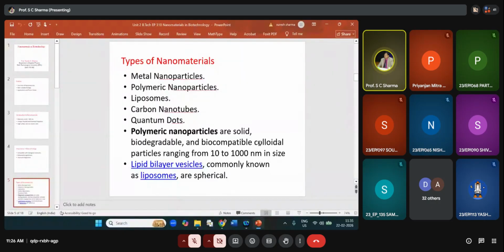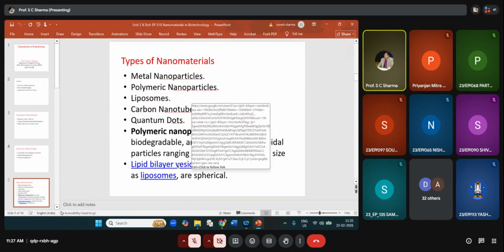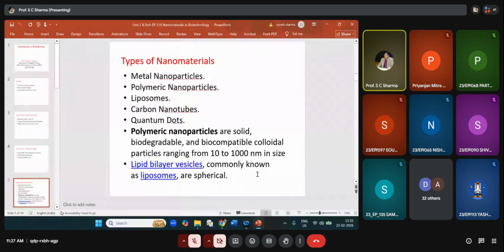Polymeric nanoparticles are solid, biodegradable, and biocompatible colloidal particles ranging from 10 to 1000 nanometer in size. Okay.